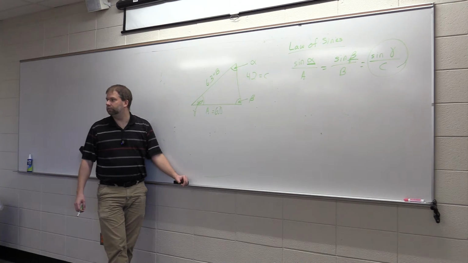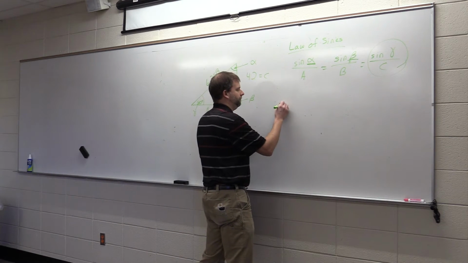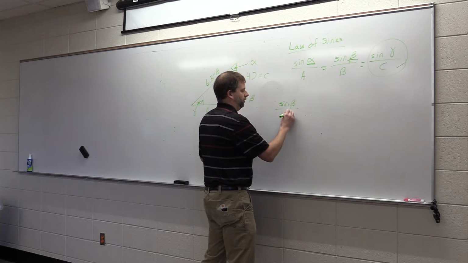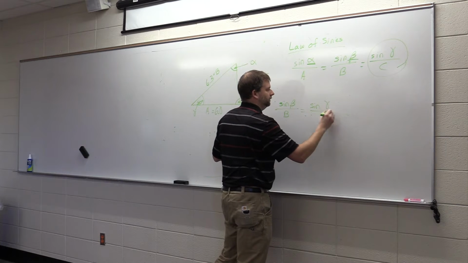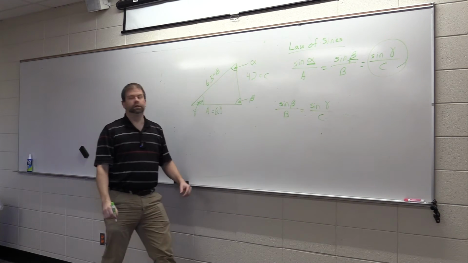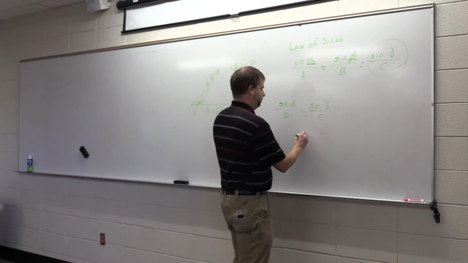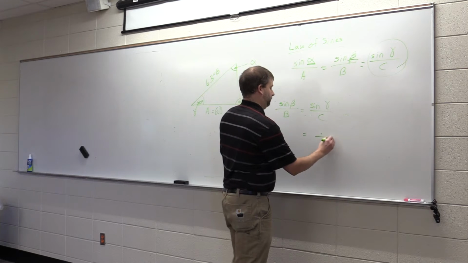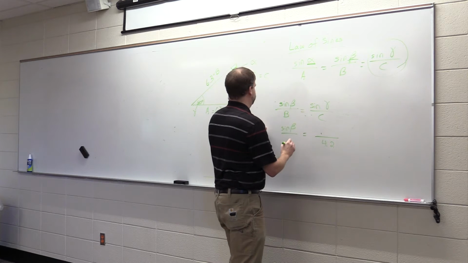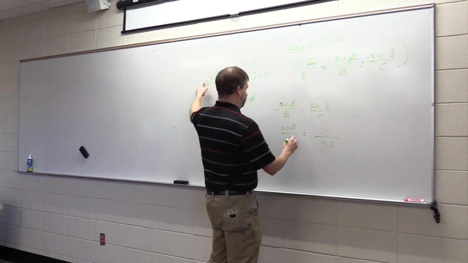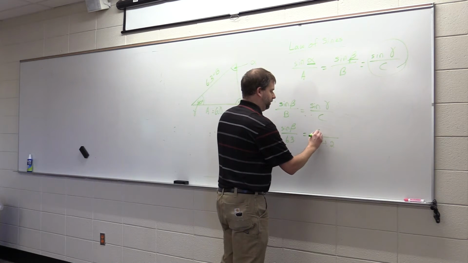Doesn't really matter. Yeah, let's go for beta. Okay, so sine of beta over B has to equal sine of, I think that's gamma, over the opposite side, so you put 4.2, right? What do we say B is? B is 6.3. And sine of gamma is sine of 40 degrees.